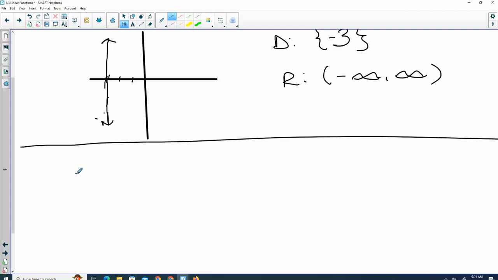I want you guys to graph f of x equals 4 and give a domain and range.